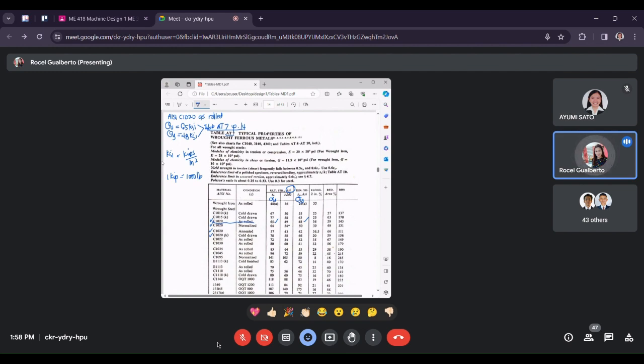Hahanapin natin what is the value of sigma U and what is the value of sigma Y. Okay? And do not restrict yourself po on using the table 87 only. Okay? Marami po dyan na mga tables. 88, 89, 11, at even mga figures to para po ma-determine natin itong mga values na yan.